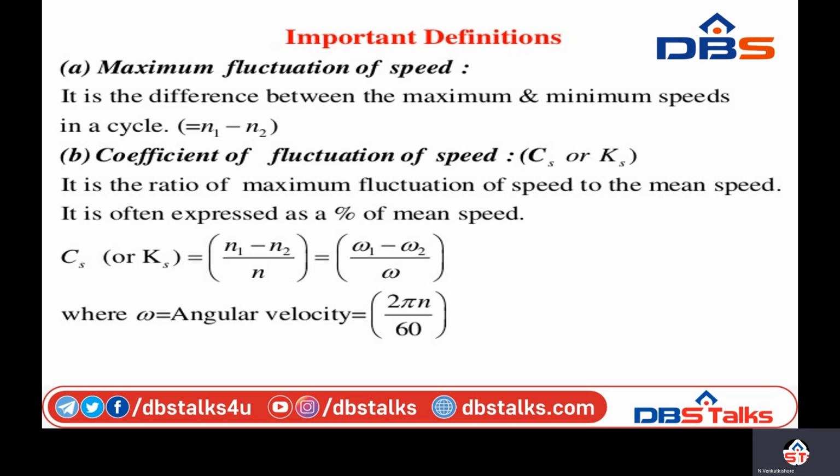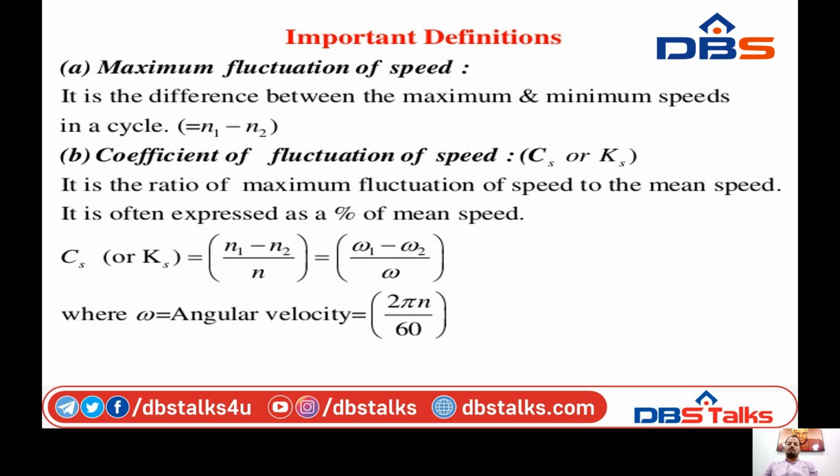So it is n1 minus n2 or n2 minus n1, whichever is the maximum. There is no negative fluctuation of speed, since it is already a fluctuation itself. If it is negative, try to make it positive: the larger value minus the smaller value.